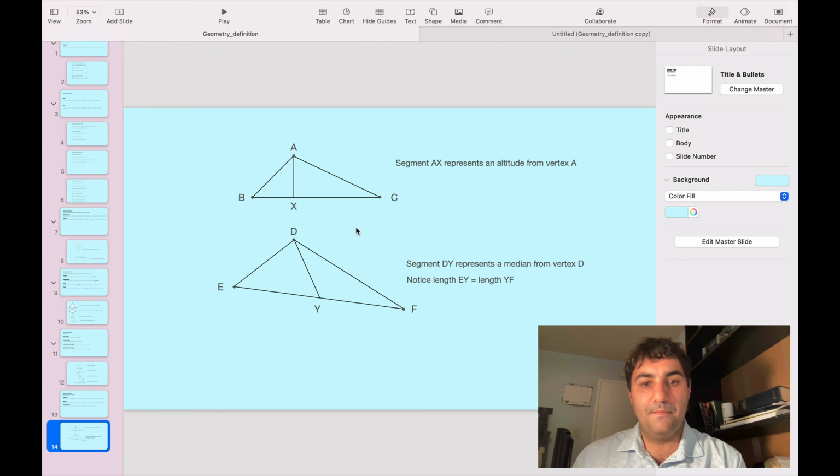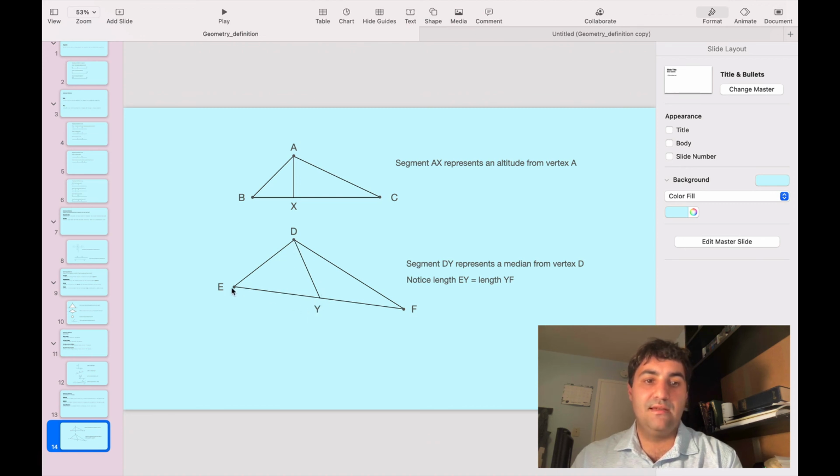Let's look at the median for a triangle. Again, you choose any vertex you want, and you create a segment that joins the vertex of a triangle with the midpoint of the opposite side.